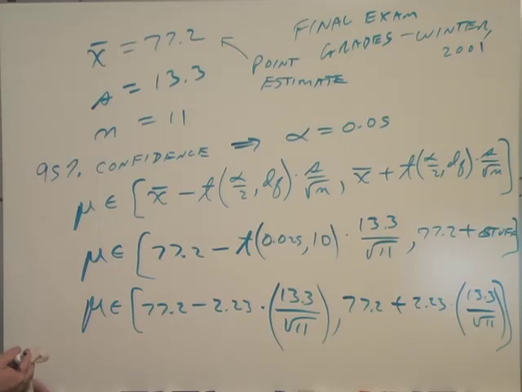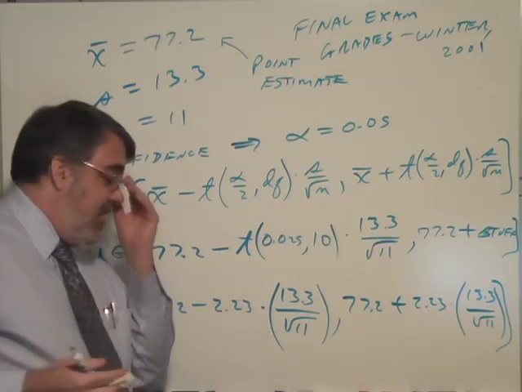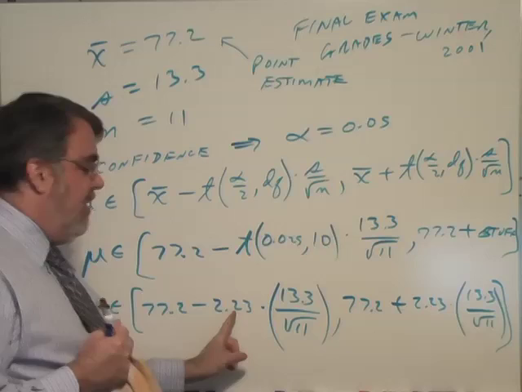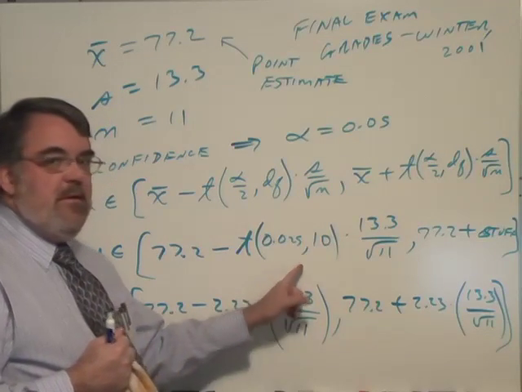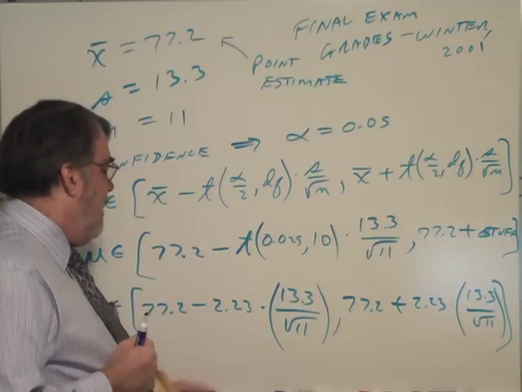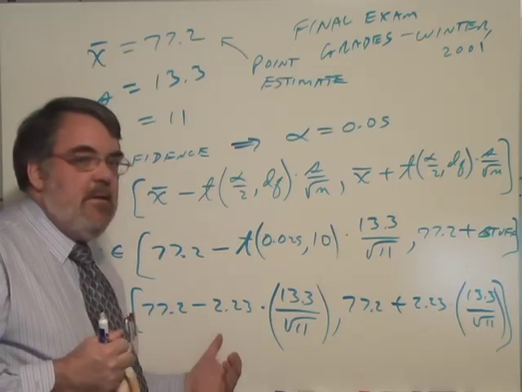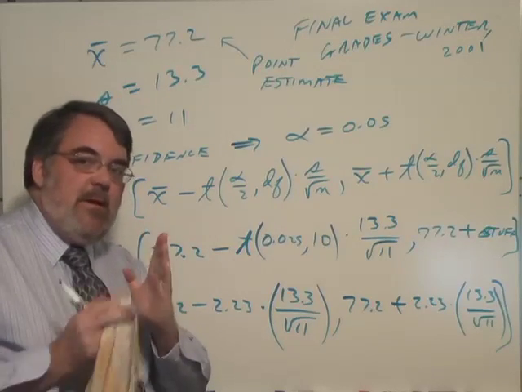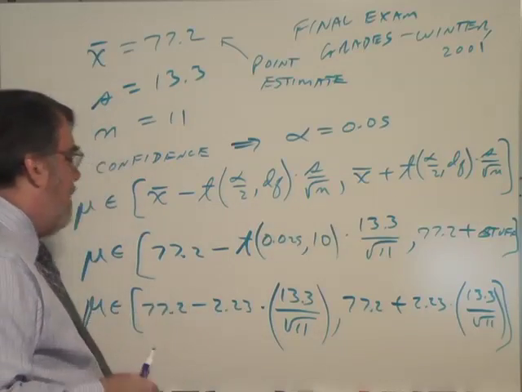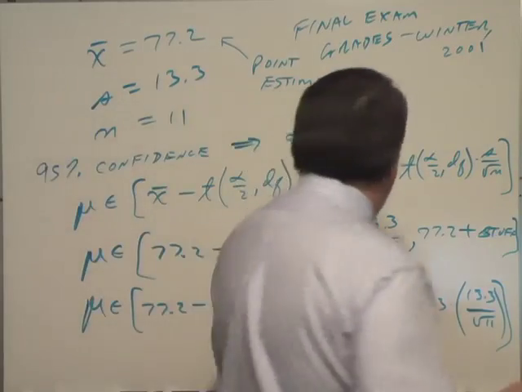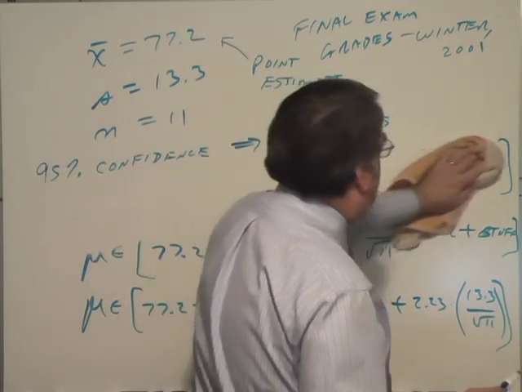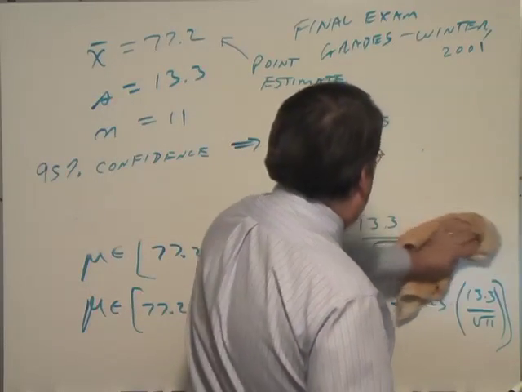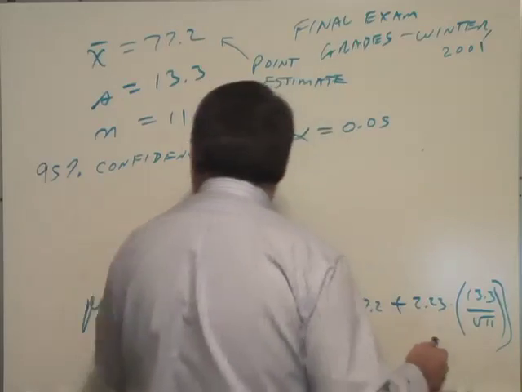And it may be a little hard to grasp at the moment, but think about this. This is the number of standard deviations times the standard error of the mean. And we're adding and subtracting it from the sample mean to create this interval of numbers. So let's calculate that. Now I need to make some room here. So I'm going to erase all this right here. Grab my calculator.